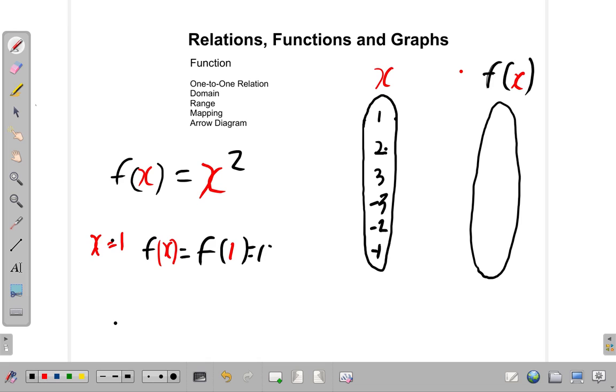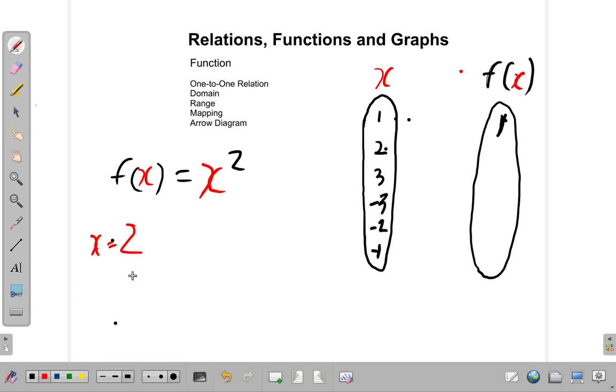And what you have is 1 squared, which is 1 times 1, which is 1. So we have 1 in the range. Now, let's see what happens when x is 2.